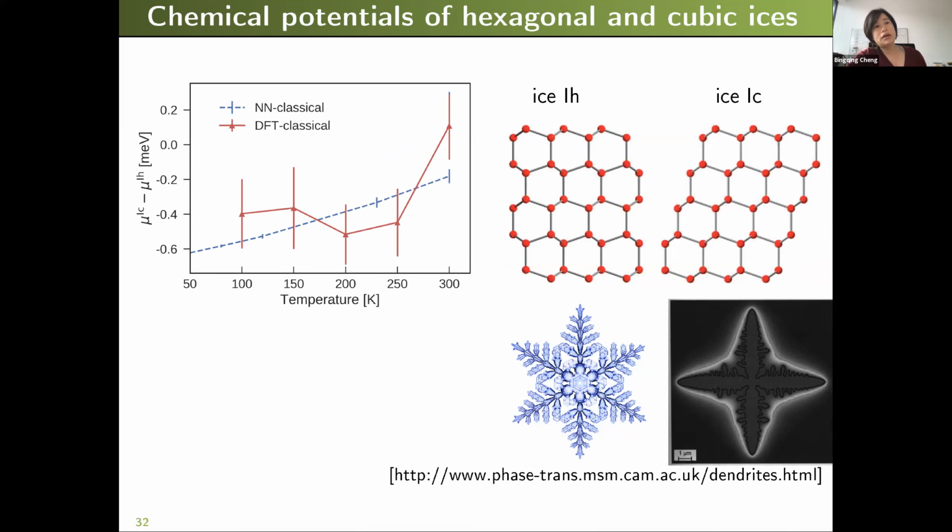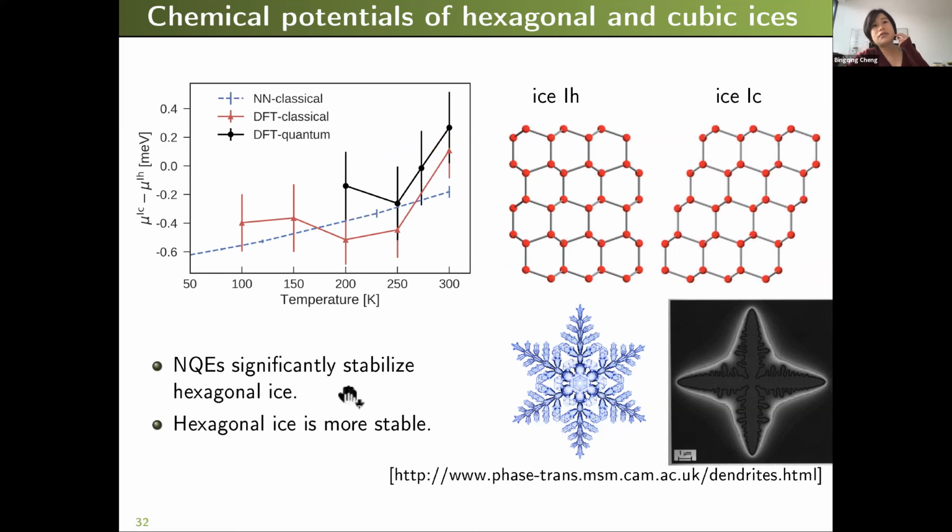And then we correct to DFT using this correction scheme, where we also add nuclear quantum effects. So here the message is that nuclear quantum effects significantly stabilize hexagonal ice and make it a little bit more stable than the cubic counterpart. And this explains why the snowflakes we see in nature are always hexagonal ice, which have the sixfold symmetry.